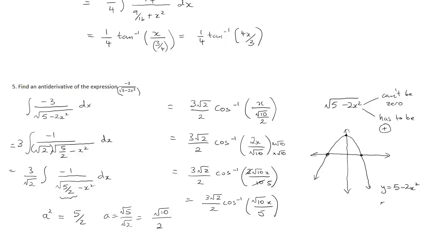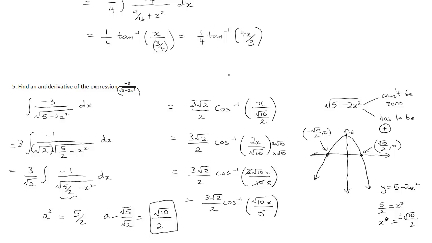So we work out that 5 over 2 equals x squared, and x squared is equal to what we had right here. So x is equal to square root of 10 over 2, and it's actually plus or minus. This point here is going to be square root of 10 over 2 and 0, and this point here is minus square root of 10 over 2 and 0. And then that point up there is just going to be 5.